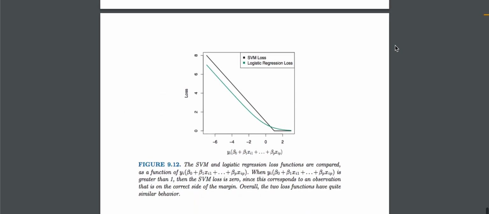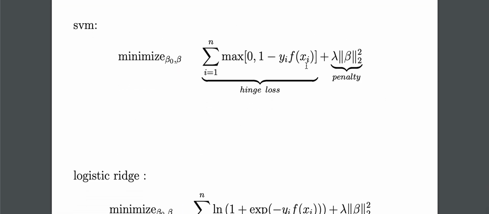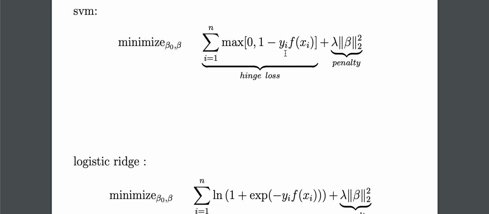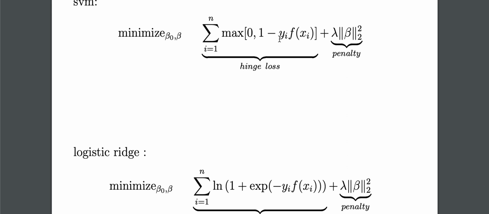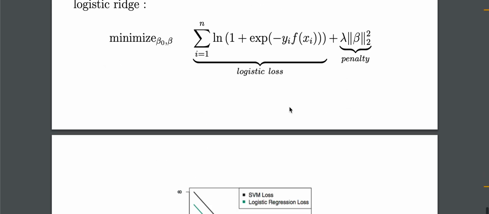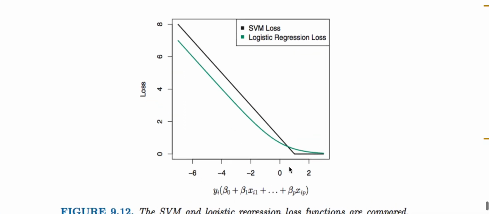Okay, so now what's the difference? So you see here both of these are functions of y_i f(x_i). So we are curious to see if we plot this quantity, the logistic loss versus the hinge loss, as a function of yf. And here on the horizontal axis we have yf.